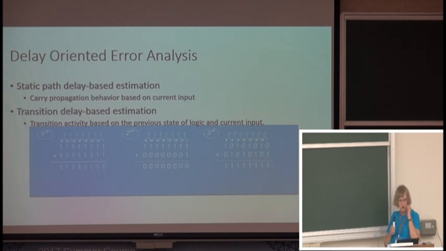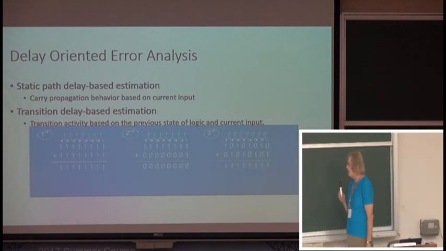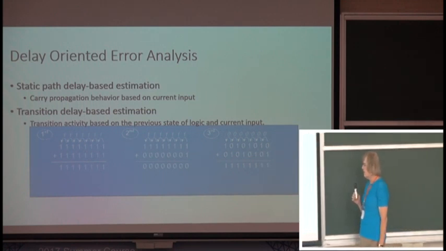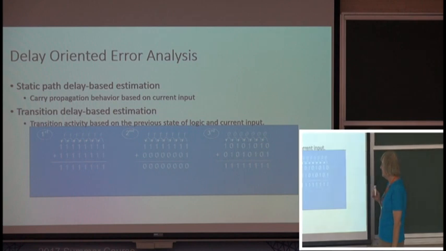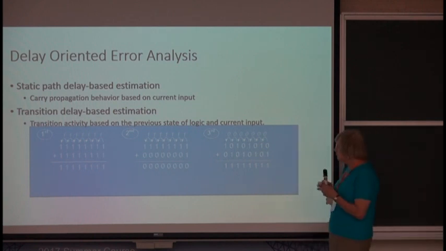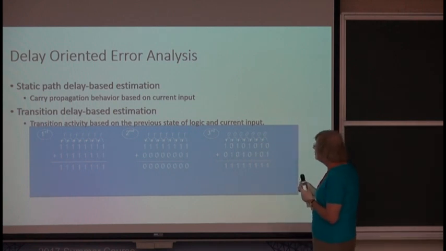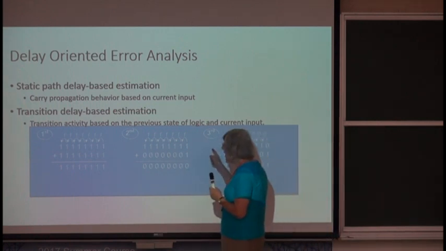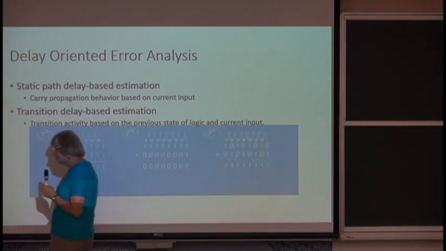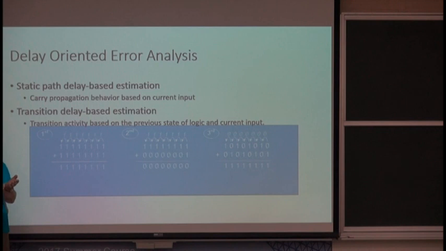The previous model just said the error rate is a function of what input you have. But for something like an adder, it depends not only on the current inputs, but the previous inputs. So the delay depends upon the transitions in the carry chain, because that's going to limit the delay of the adder.